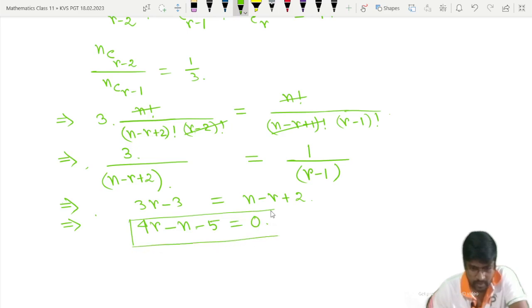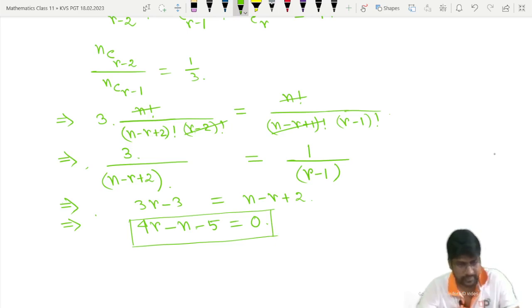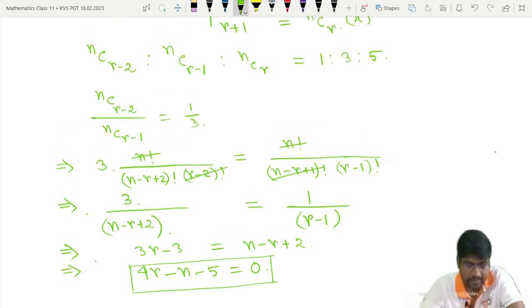So one equation we have got. In a similar manner we will get another equation involving r and n, and then we have to solve for n. That is the problem that we are going to do. So calculation anyway you should check, and you should inform me if I have done any miscalculation.